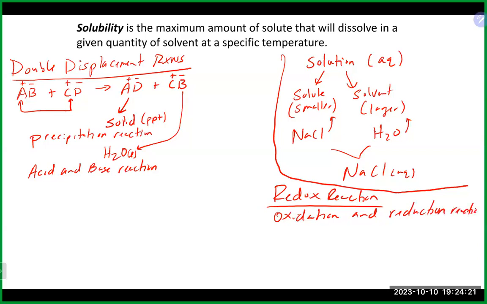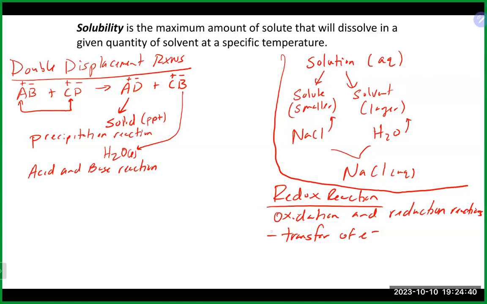And in these reactions, you have basically, as we will talk about, a transfer of electrons. And between these two big categories of reactions, there's more specific ways to classify a reaction.